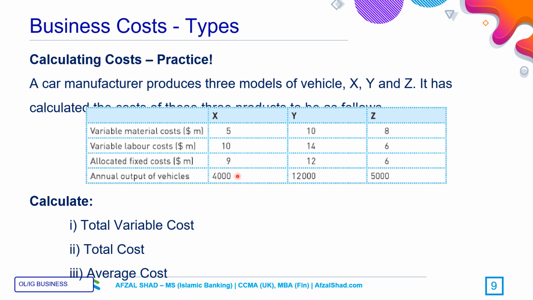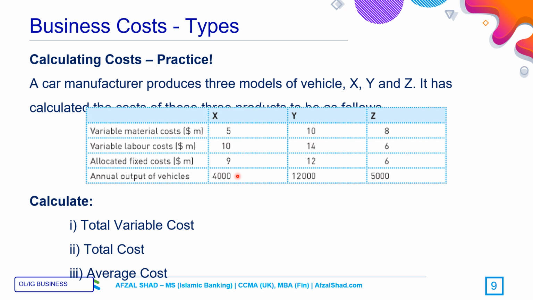15 plus 9, 24, divided by 4,000. So 24 million divided by 4,000. Whatever the answer is, that is the average cost of production for each vehicle. Right?